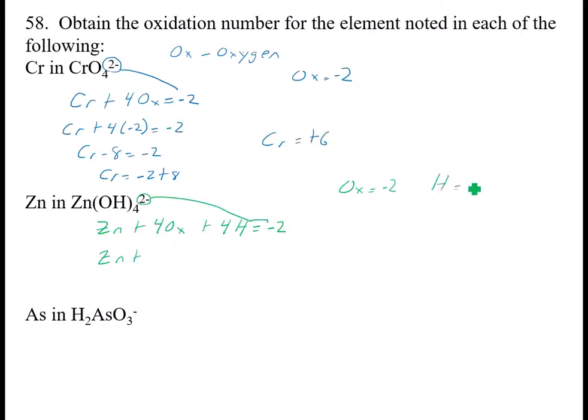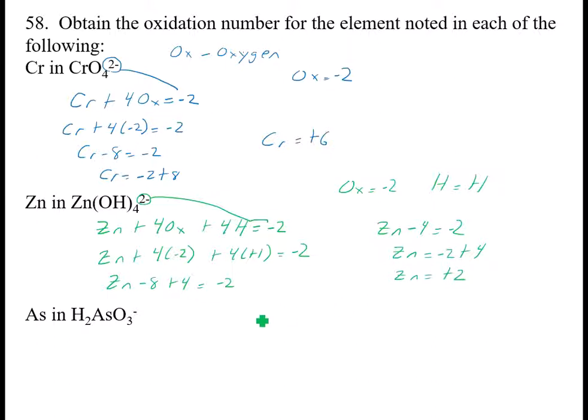Hydrogen is a +1. So it's going to be 4 times a -2 plus 4 times a +1 is equal to a -2. So I have zinc -8 plus 4 is equal to -2. So zinc -4 is equal to a -2. So zinc is equal to a -2 plus 4. So zinc is equal to a +2 charge.